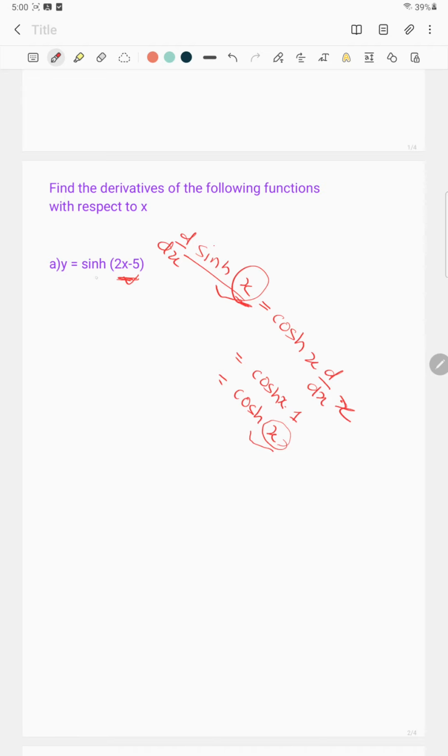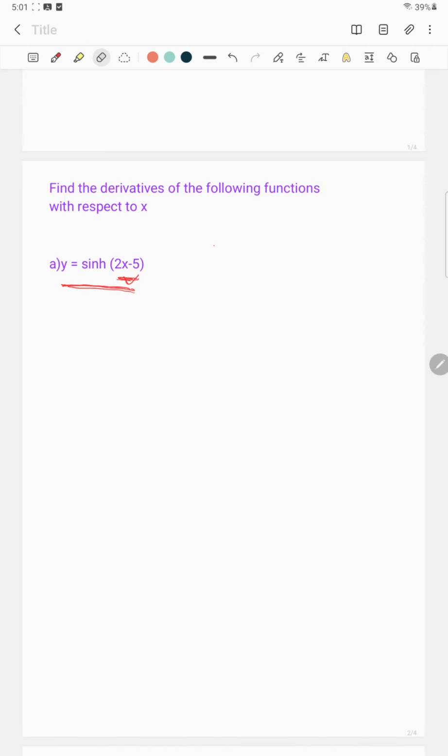That's why for this question, we will use hyperbolic differentiation and the chain rule. Okay, hyperbolic and chain rule. First we differentiate the sinh, and then we differentiate 2x minus 5.